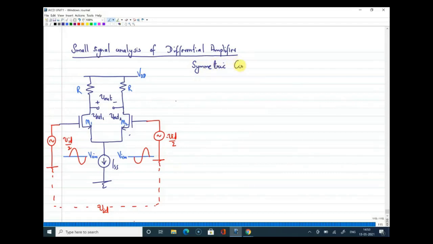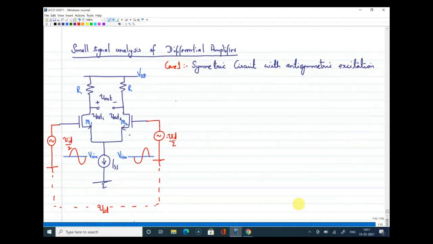The first heading is, if the circuit is symmetric and the inputs are anti-symmetric, we generally analyze in the way which I am going to tell you now. Let me mark it as case 1, where you have a symmetric circuit with anti-symmetric excitation.